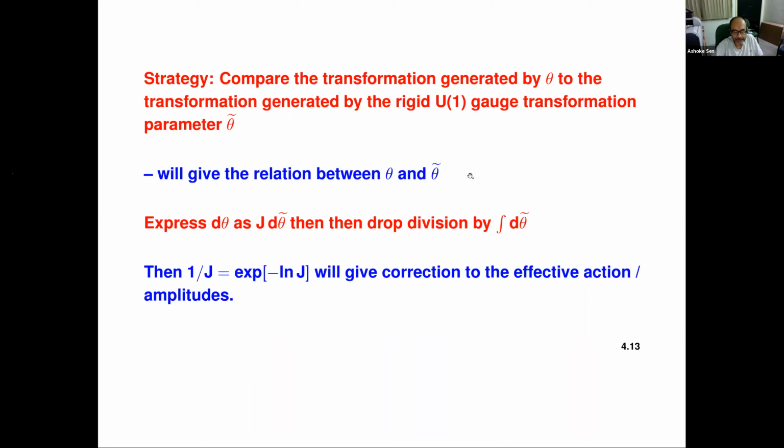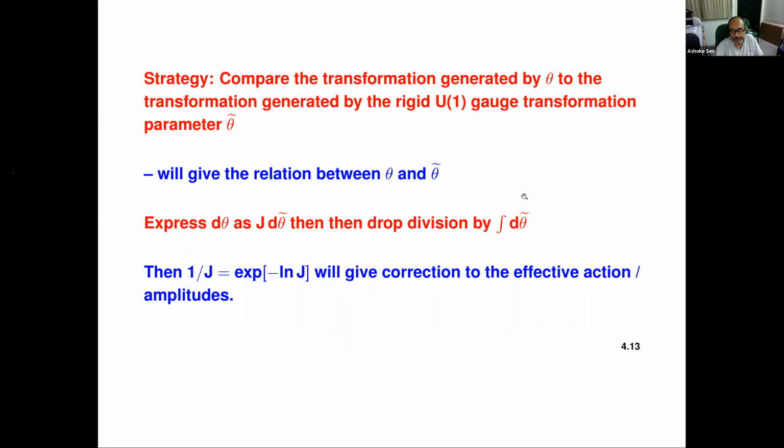Once we have done that, we will express d theta as some Jacobian J times d theta tilde, because we will find the explicit relation between theta and theta tilde. Then we will drop the division by the integral d theta tilde, because this now represents the volume of the rigid U1 gauge group, which is just a constant factor.